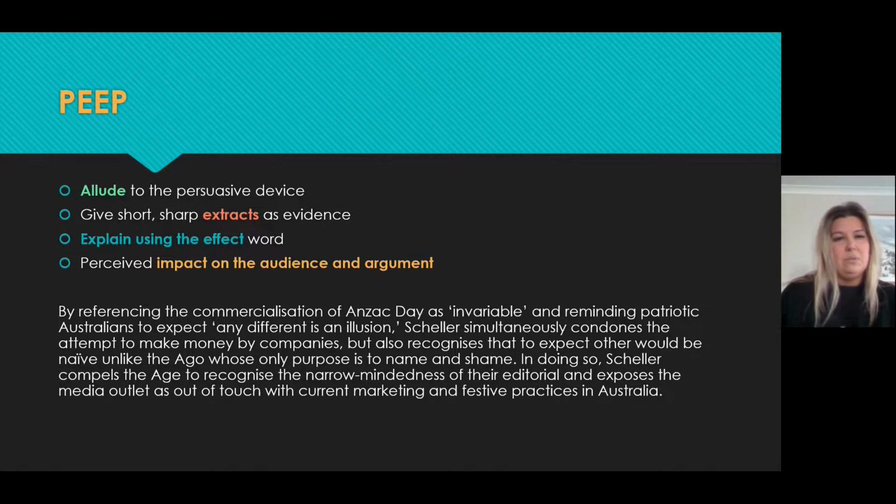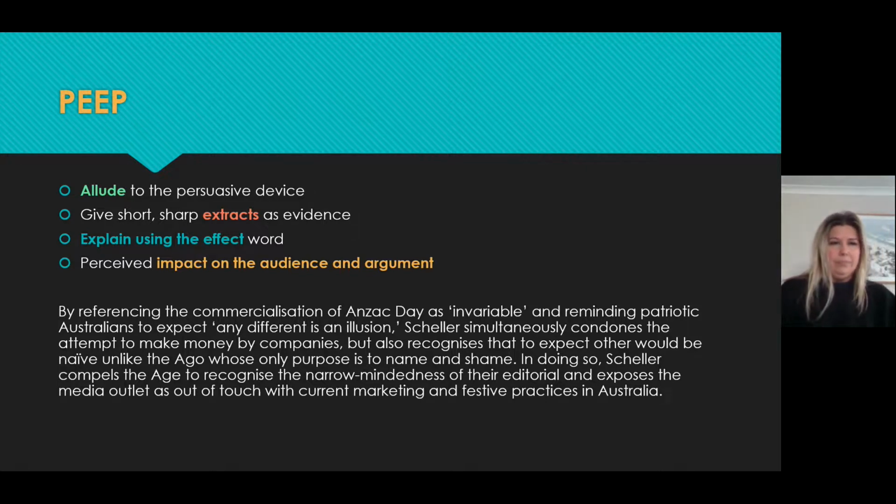After you've done that, you need to explain yourself and explain the effect of these particular words on the particular audience and the argument. So there's two things there that you need to get to. How does it impact the audience and how does it build or impact the argument?